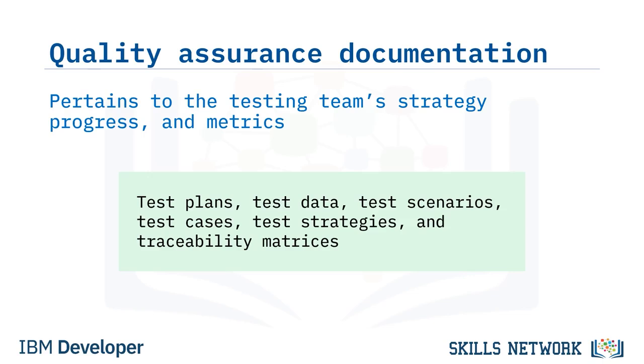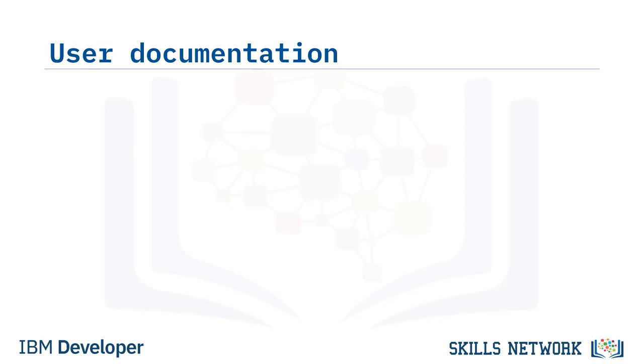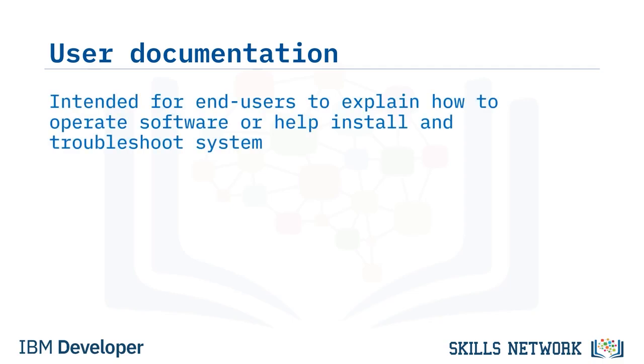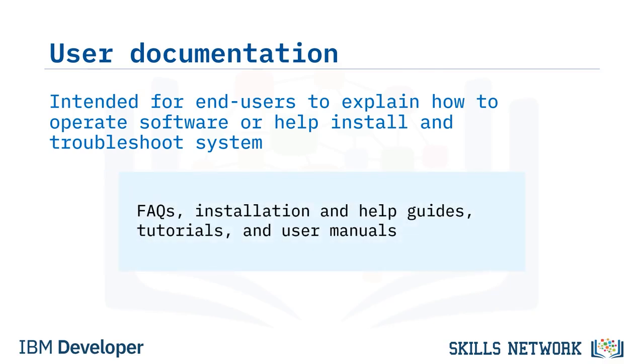Traceability matrices map test cases to their requirements. User documentation is intended for end users and explains how to operate the software or helps them to install or troubleshoot the system. End user documentation includes frequently asked questions, installation and help guides, tutorials, and user manuals.